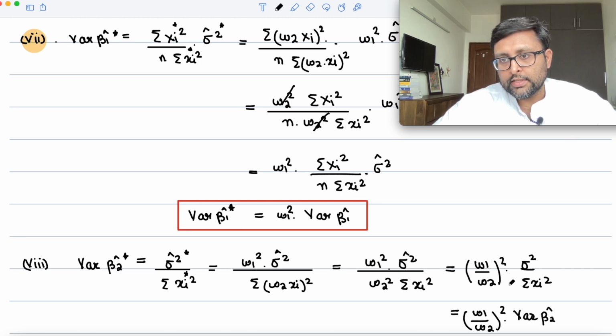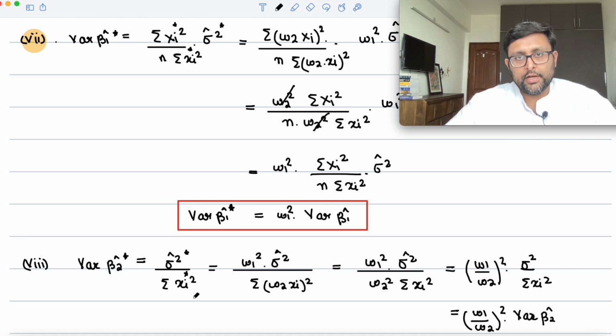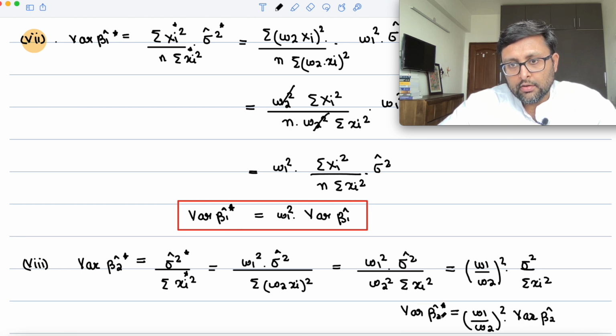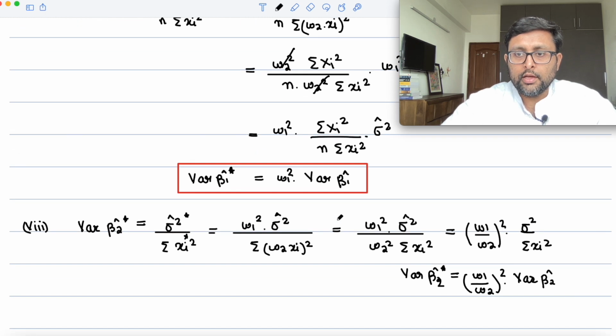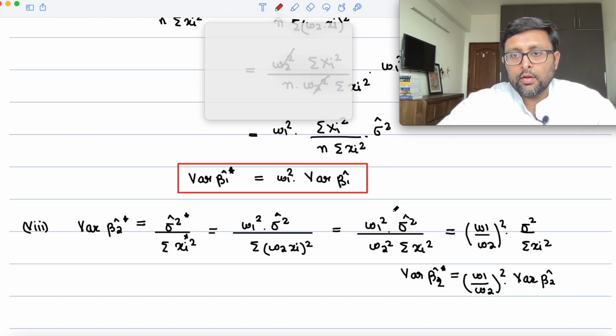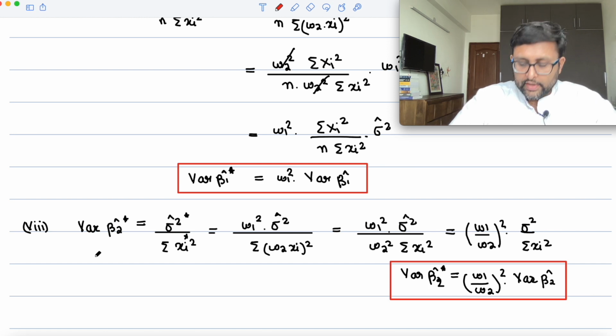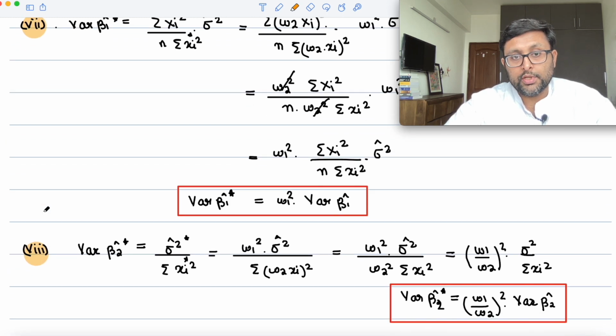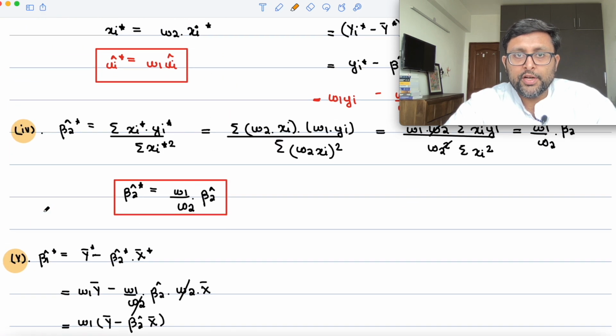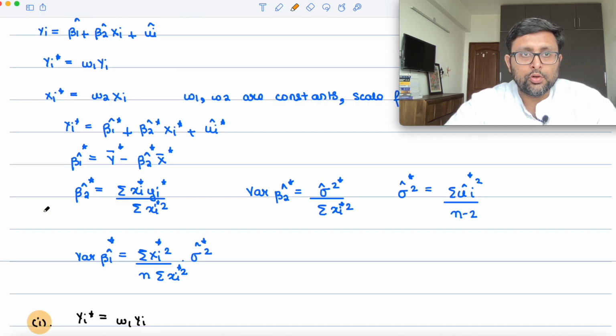And what is this? Sigma square upon summation of small xi square is the variance of beta 2 hat. So variance of beta 2 hat star is equal to W1 by W2 whole square variance of beta 2 hat. Right? So this is what I wanted to do in scaling and units of measurement. This is very important and you should be deriving this also.